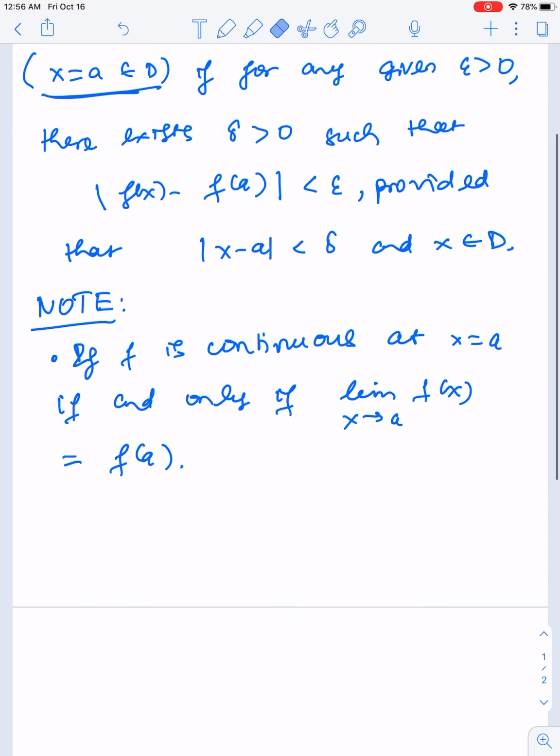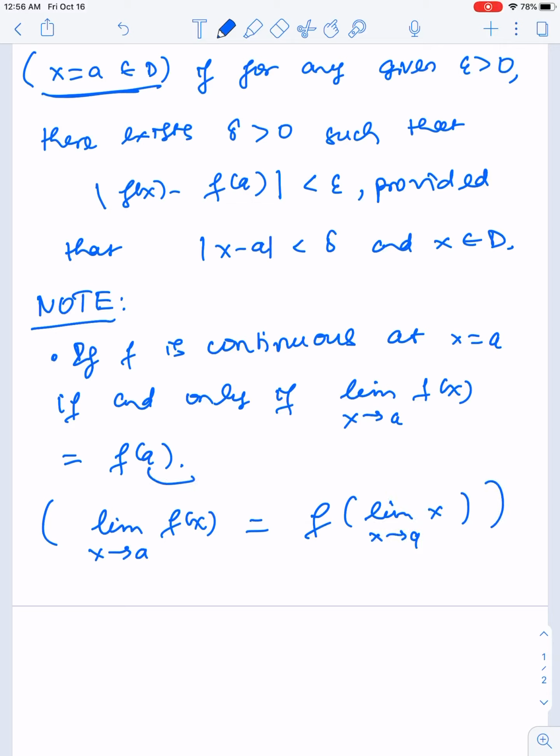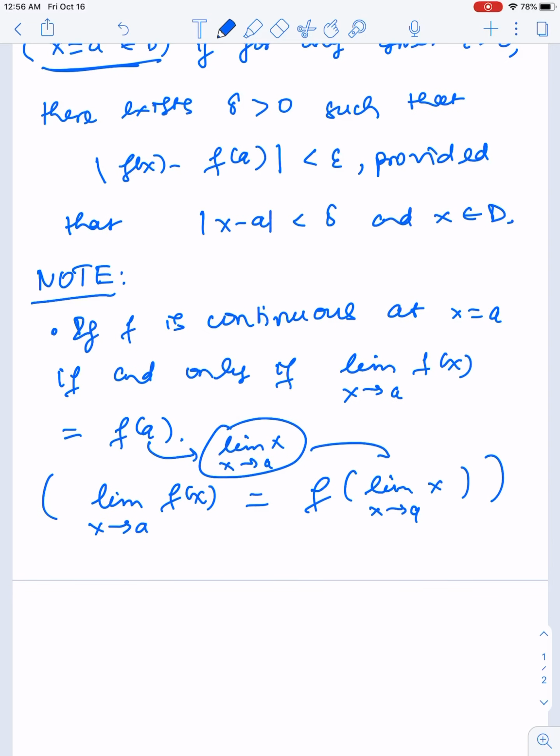So this equation can be rewritten as the limit of f(x) as x goes to A equals f of the limit of x as x goes to A. Because A over here is nothing but the limit of x as x goes to A, we can replace it over here.